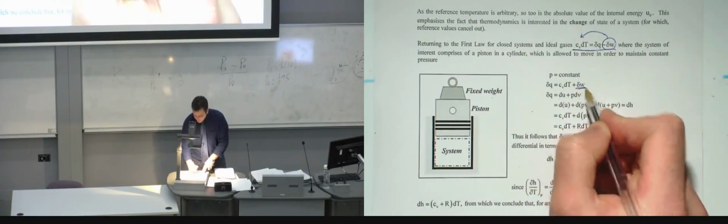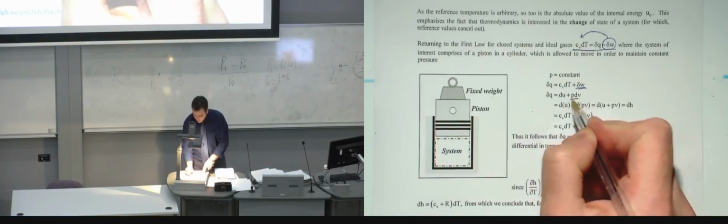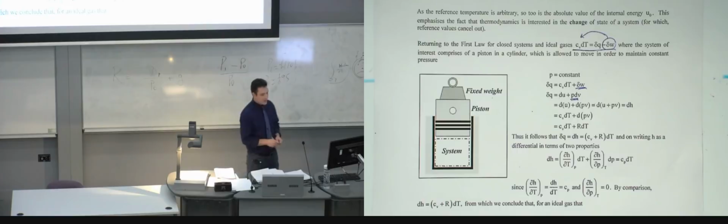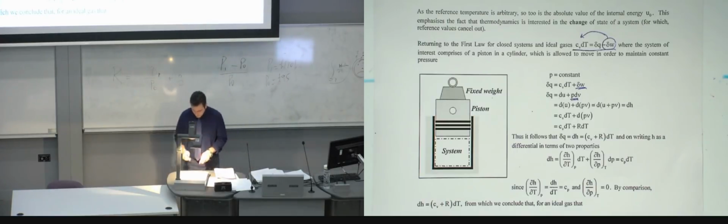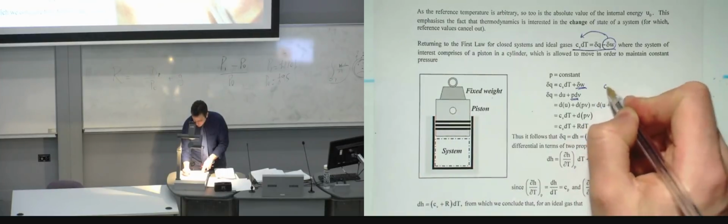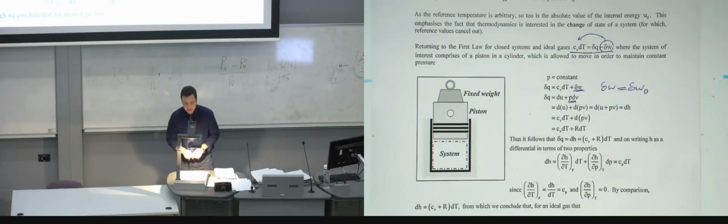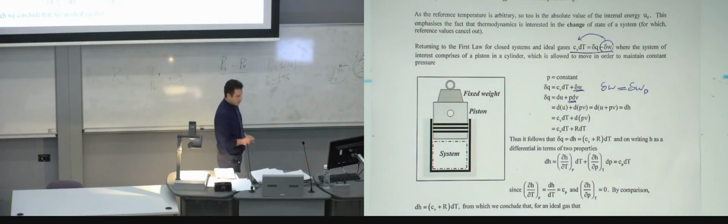And I'm going to replace delta W by PdV. PdV is the displaced work in this case where you have a moving piston. Sometimes we know that as delta W_D, where D stands for displaced work.